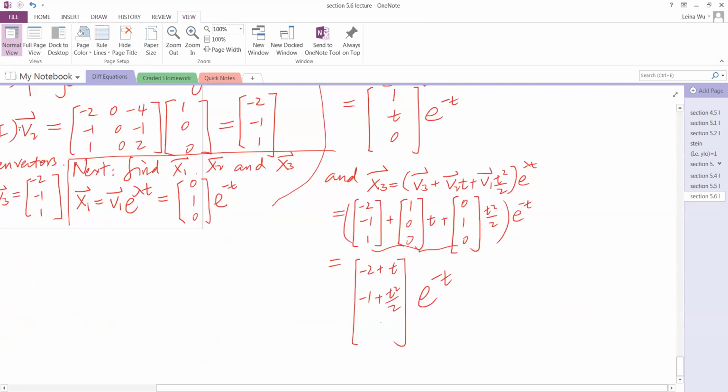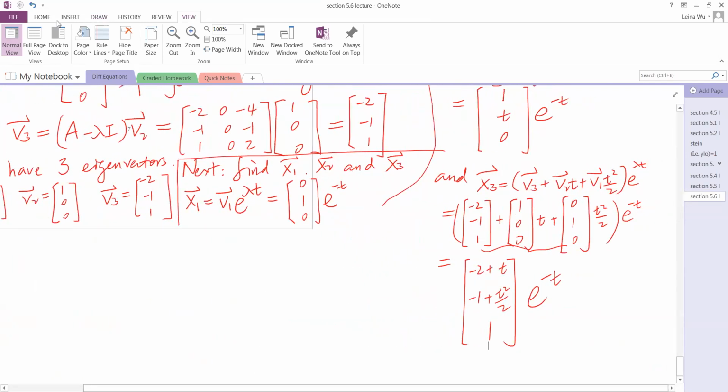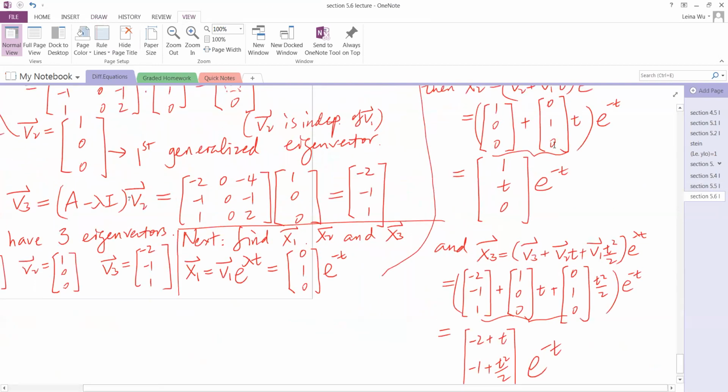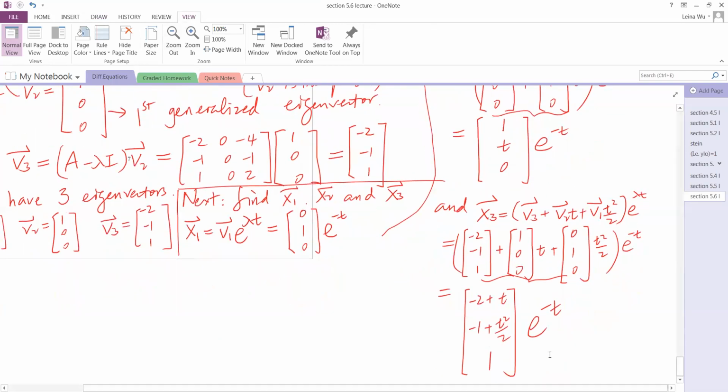Third entry will just be 1. Right, that's my x of 3. Okay, so we have got x1 here, x2 here, and x of 3 here.